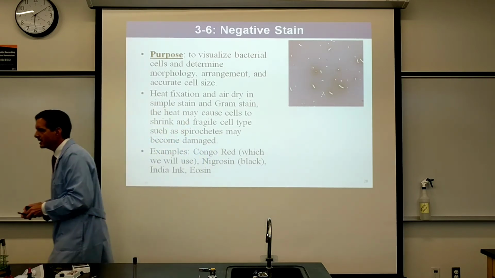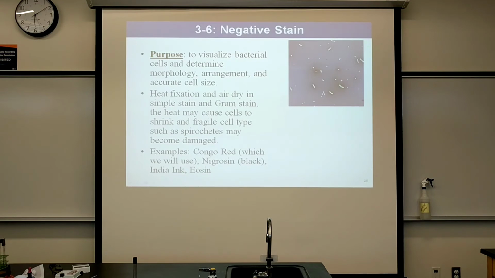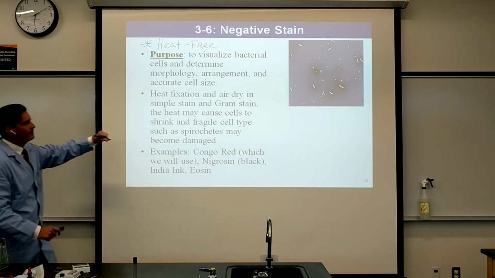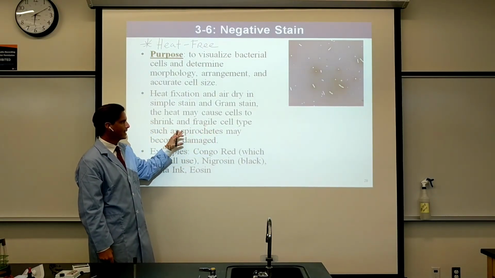So let's emphasize that point. The reason that you're doing this is that it's heat-free. And this is important because of the fragile cell types that I was describing that could break apart.